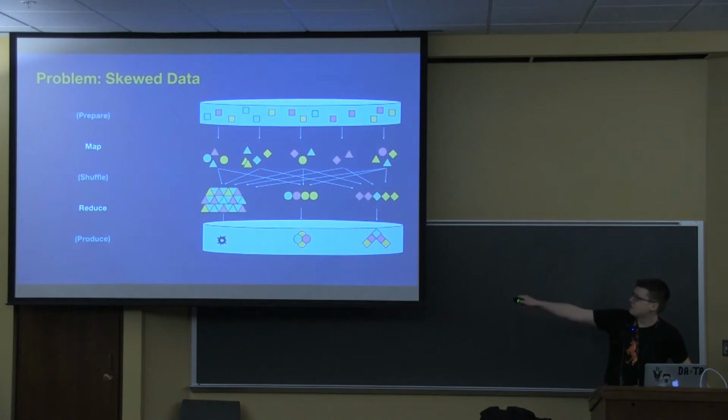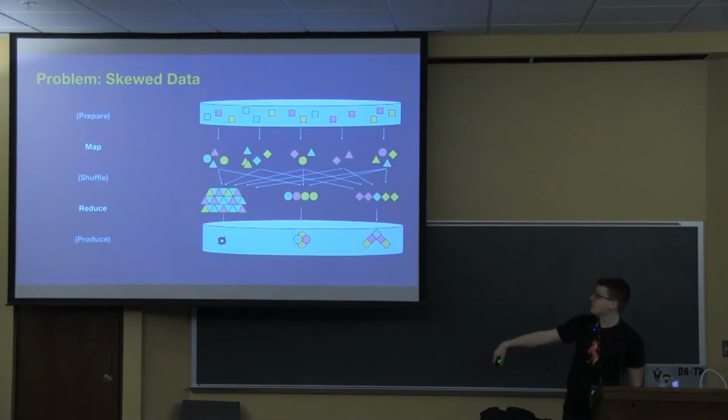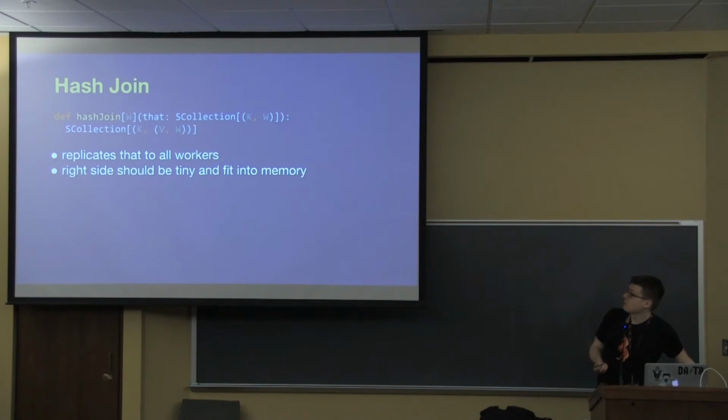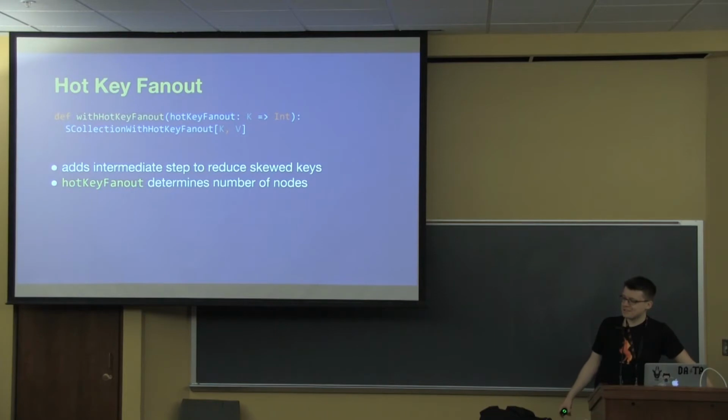Instead of having a big pile of data on one machine, it has a separate step where we split it into 100 machines, and then we reduce it on each machine separately. This works pretty well, but you need to provide a function that knows which keys are hot. It can be a hard-coded list of tracks that have problems or whatever. There are actually better techniques to do it.